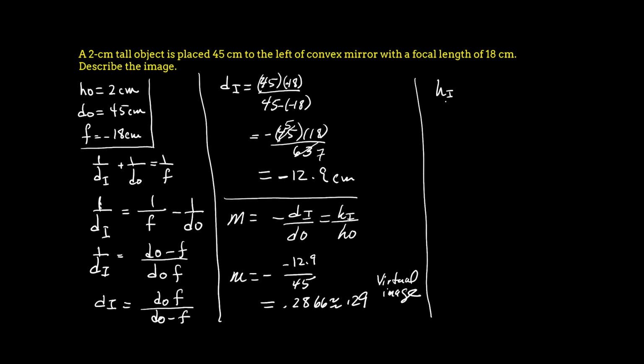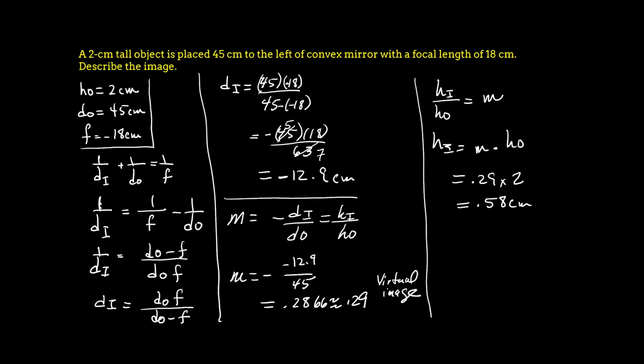Now, h sub I over h sub O equals m. So h sub I equals m times h sub O. So that would be 0.29 times 2. So roughly 0.3 times 2. Okay, so roughly 0.6. So that's going to be 0.58 centimeters.